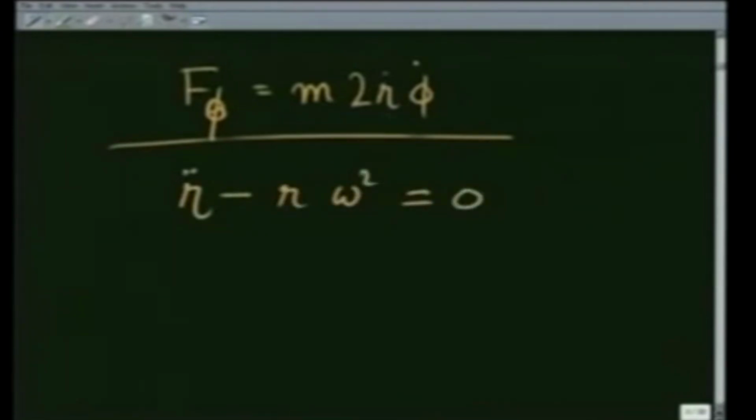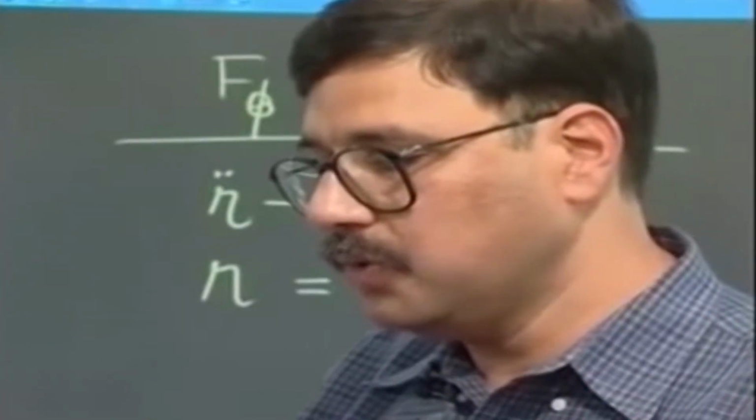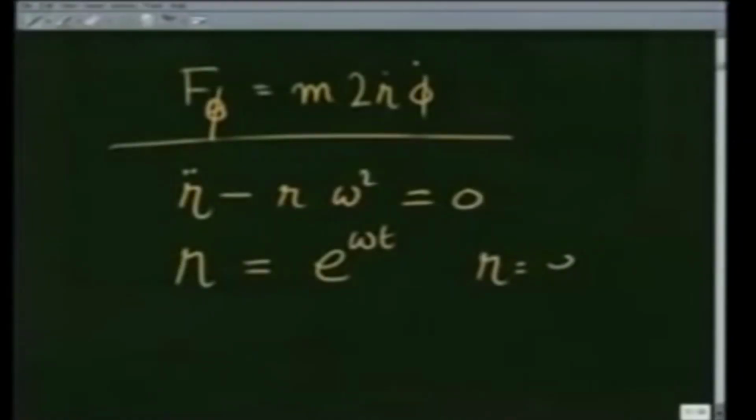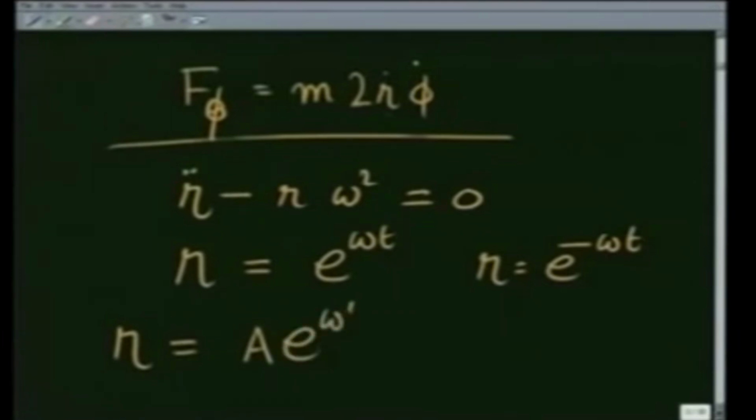To start solving the equation, let me go back to the earlier equation, r double dot minus r omega square is equal to 0. You can see by inspection that this has two solutions, r equal to e raised to omega t or r equal to e raised to minus omega t, and therefore the general solution r is going to be a, where a is a constant, e raised to omega t, plus b, where b is another constant, e raised to minus omega t.